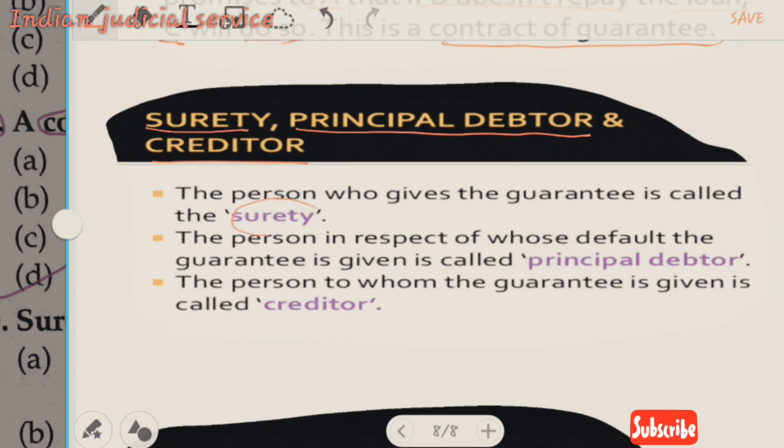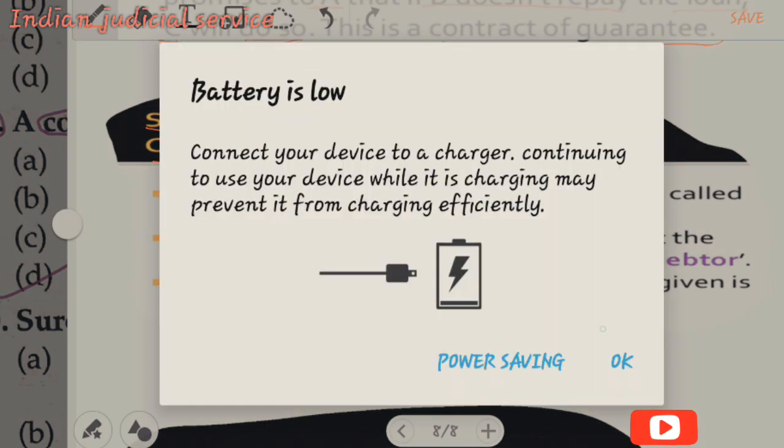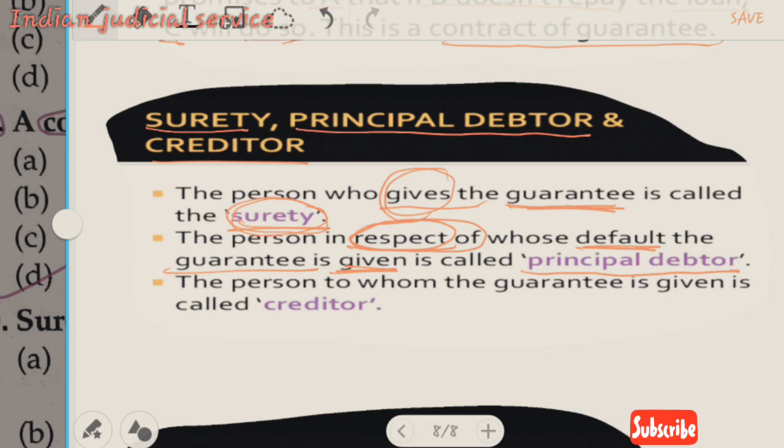Now we discuss who the surety is. A person who gives the guarantee is called the surety. A person in respect of whose default the guarantee is given is called the principal debtor.